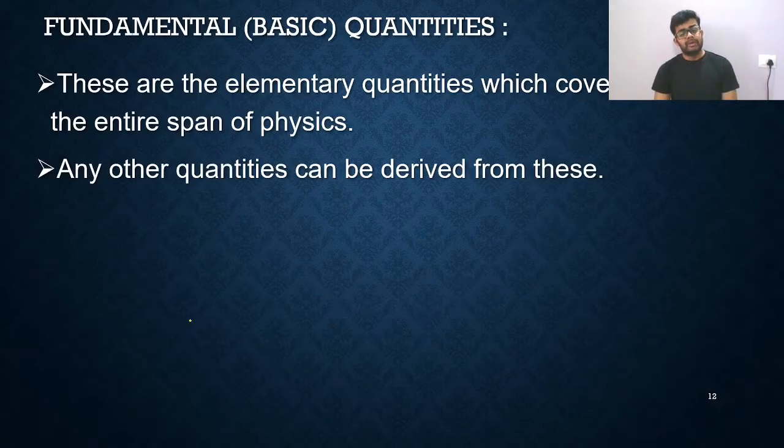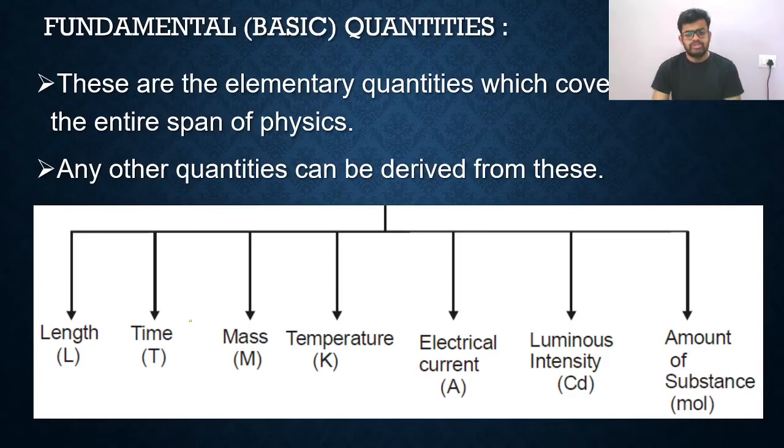Using those fundamental quantities, other physical quantities we can derive. Basic quantities are very basic in nature and cannot be derived from any other. Simply speaking, fundamental quantities are the very basic quantities introduced in physics, and they cover the entire span of physics. All other quantities can be derived from these. These fundamental quantities are mentioned here, and you need to remember them.